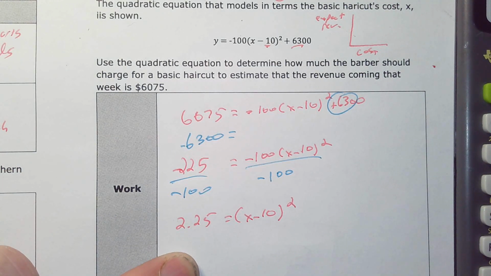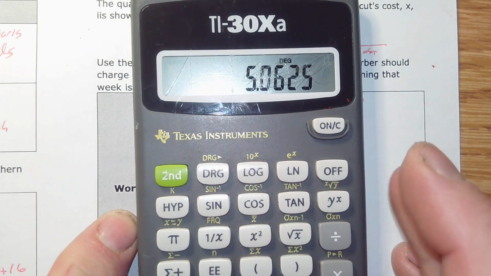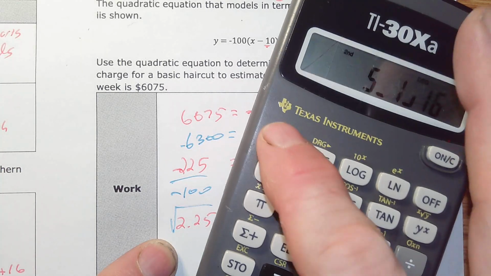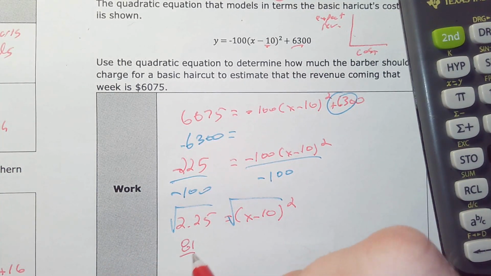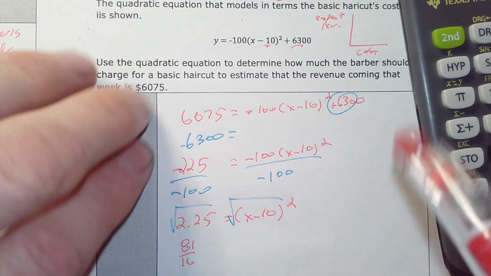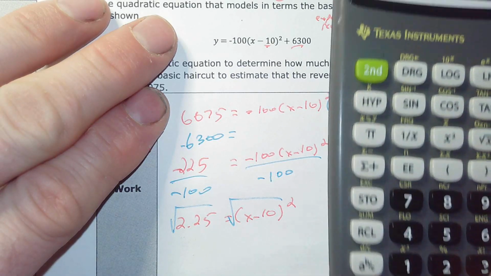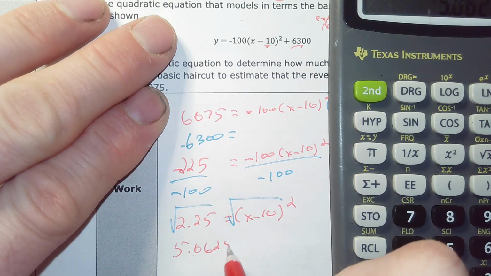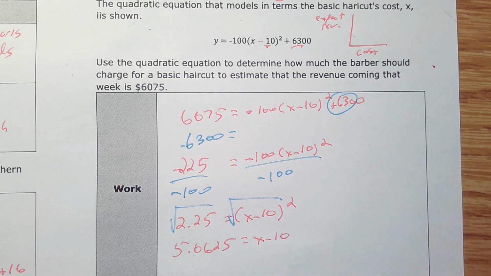Now I have to take the square root of both sides. The square root of that is 5 1/16, or 81/16. That's ugly, and I'm going to have to subtract 10 from that. Let me go back to a decimal, I guess. So this is 5.0625 equals x minus 10.